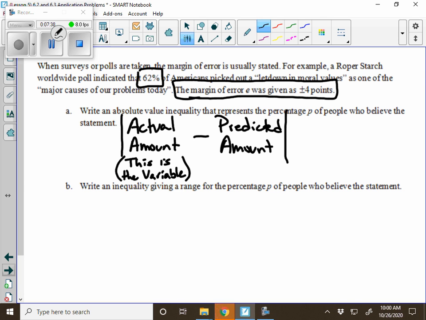Now that predicted amount is going to be the number, whatever number we're comparing it to, what it should be. And then it's got to be within some kind of error.